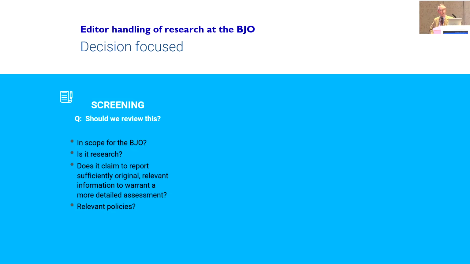And finally, relevant policies. What that means is, is the essential policy fulfilled? For example, in a clinical trial, has there been a CONSORT diagram completed and submitted with the manuscript? And similar additional diagrams of that kind. So that's screening, and should we review this?